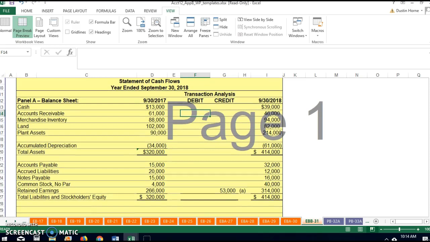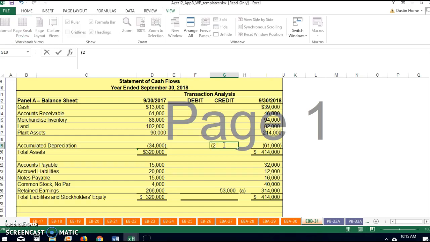So let's add back depreciation expense because we always want to do that first. If we do depreciation expense, that is a debit to depreciation expense and a credit to accumulated depreciation. So right here, accumulated depreciation is what we call a contra asset account. So it always has a credit balance.